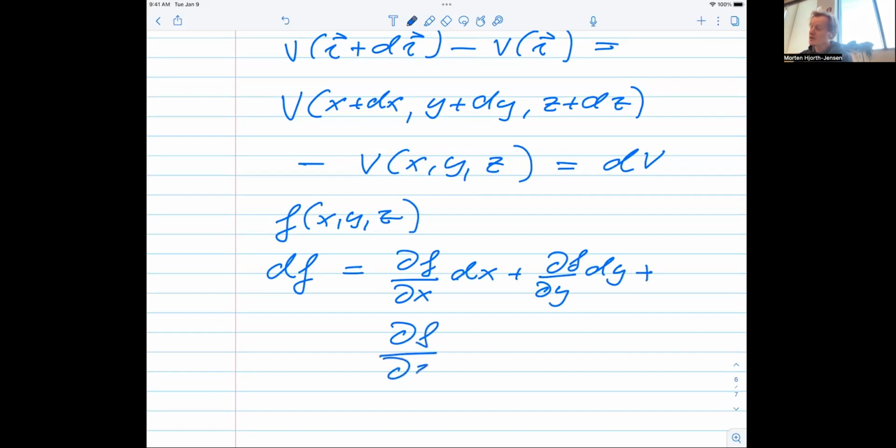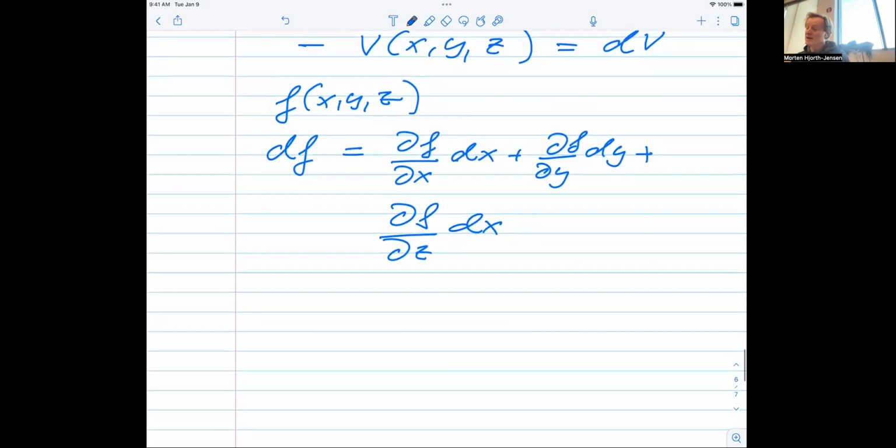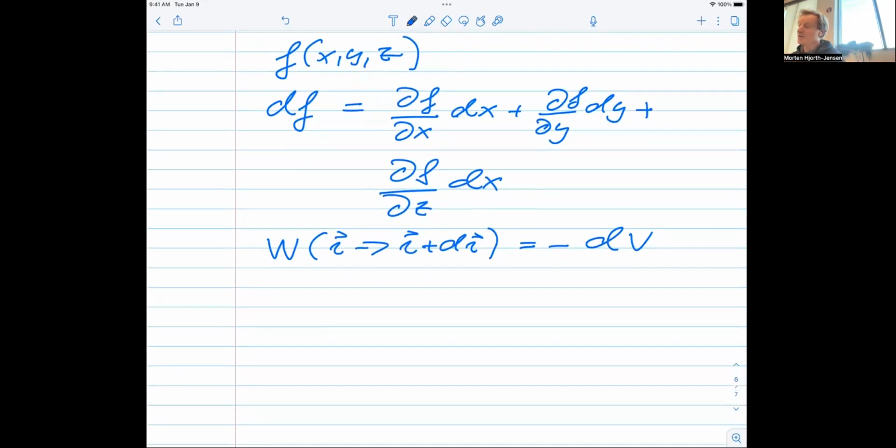So if we just use this relation with the expression which we have, you see now that when we make this change, this work from r and this displacement to r plus dr, this is actually the negative, minus dV, because normally we take the difference from the potential energy at r plus dr minus the potential energy at r.